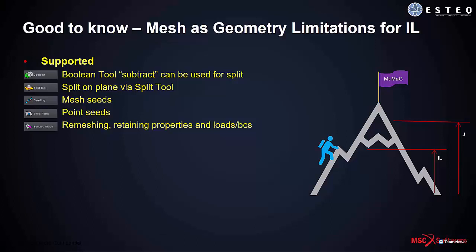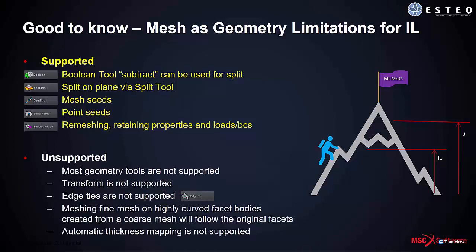So the basics are there, but what isn't there is essentially all the other tools that we've become accustomed to inside Apex, like transforming, which is strange. Edge ties are not yet supported, and highly curved faceted bodies will retain the coarseness of the initial mesh, etc. Now, these are things that will change over time with the next releases.